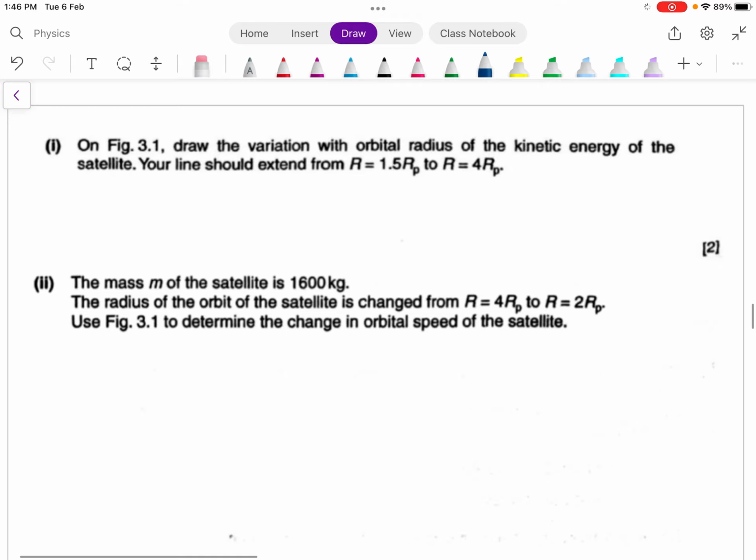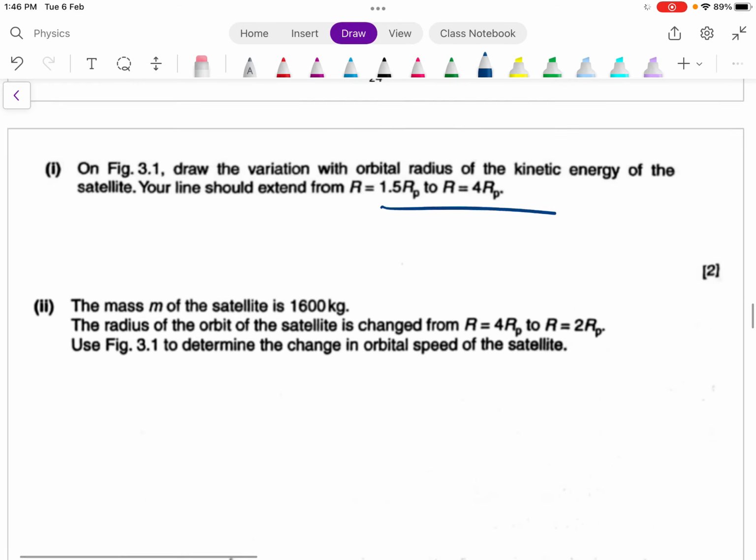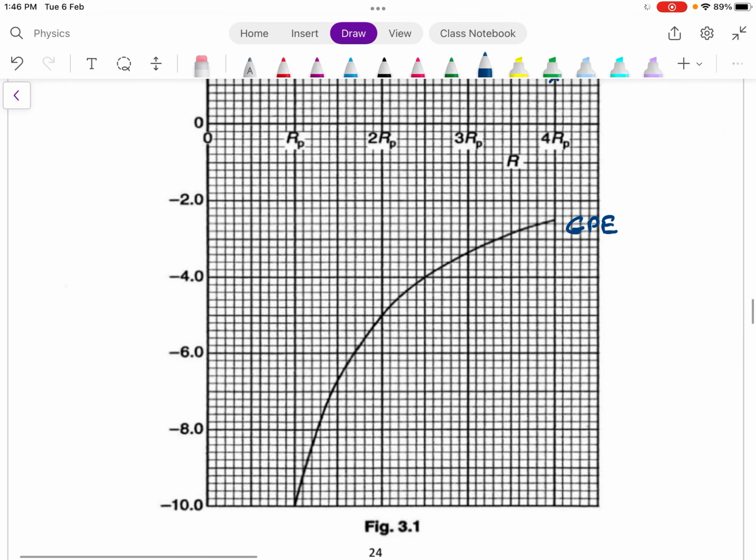So next part, on figure 3.1, we are asked to draw the variation of the orbital radius with the kinetic energy of the satellite. Your line should extend from 1.5 to 4 rp. Always remember there's always a reason why they ask us to calculate the ratio beforehand. For example, if you look at 1.5, 1.5 is around here.